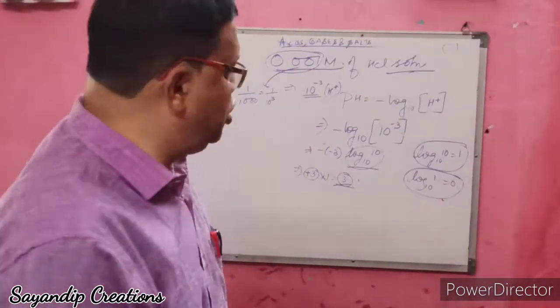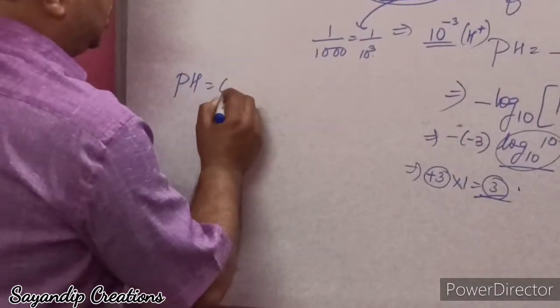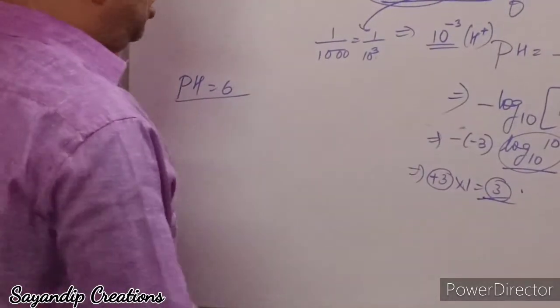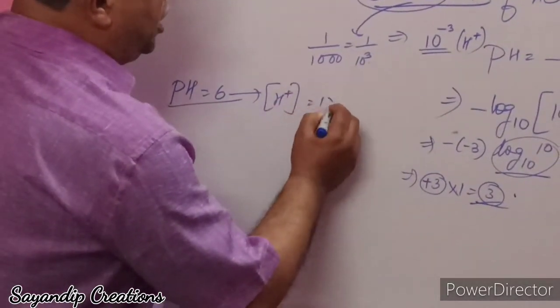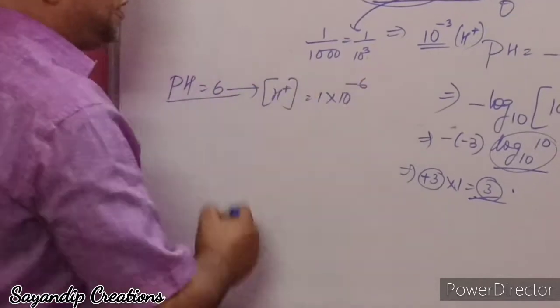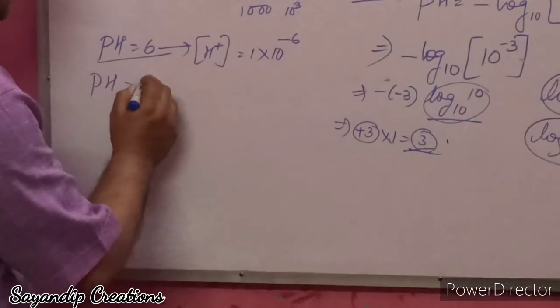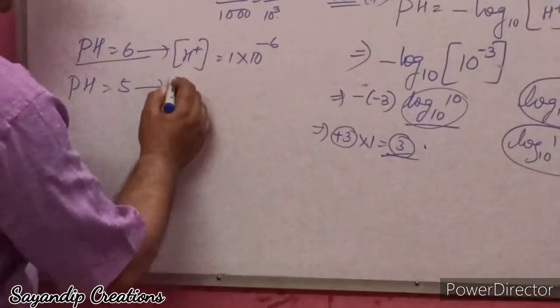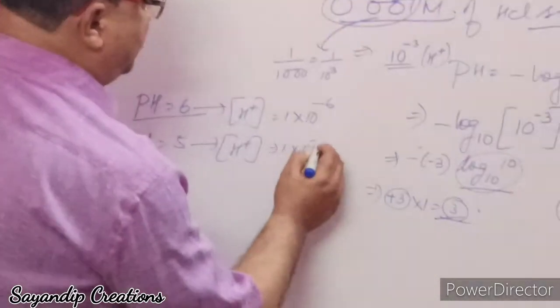If the pH of a solution is 6, what will be the hydrogen ion concentration? 1 into 10 to the power minus 6. If pH is 5, what will be the concentration of hydrogen ion? 1 into 10 to the power minus 5.